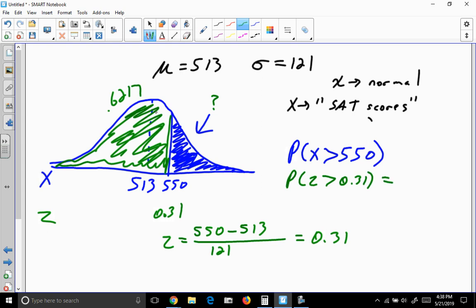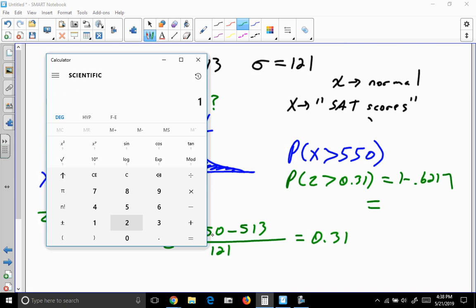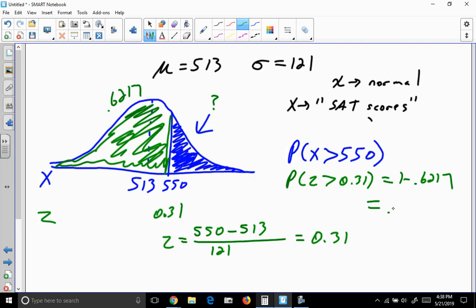It's the complement of that area, so 1 minus 0.6217, which is 0.3783. So that's the portion of people that score more than 550 on this test.